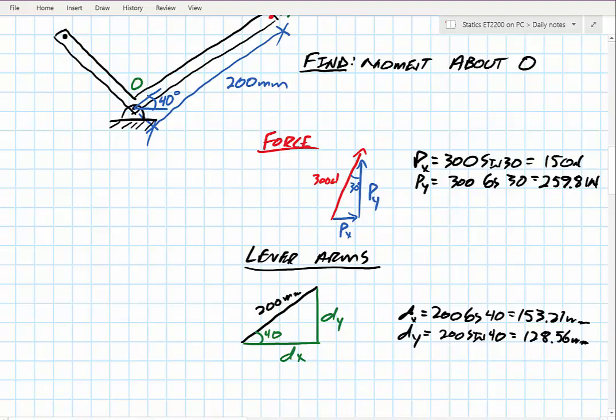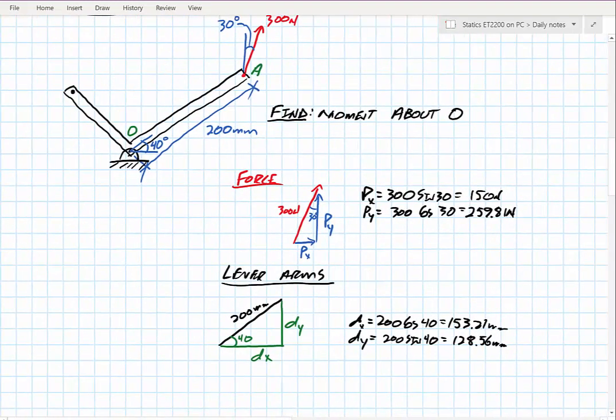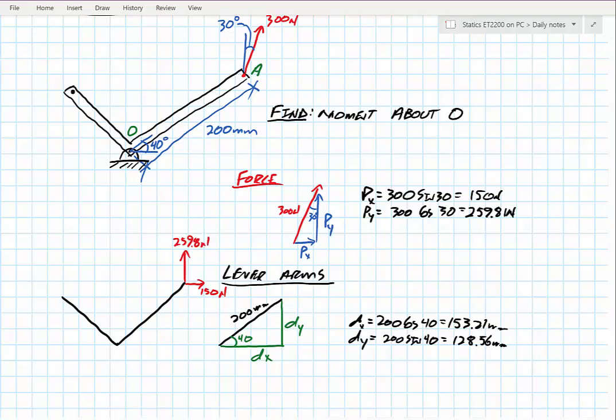So that's just a matter of which force I am matching up with which direction. And I can kind of see how that would look, because I'm going to make it a little easier and just draw a line, but a free body diagram of my situation looks like this: I found a force of 150 newtons horizontally and a force vertically of 259.8 newtons. And then if I look at my distances, this is point O that I'm rotating around.